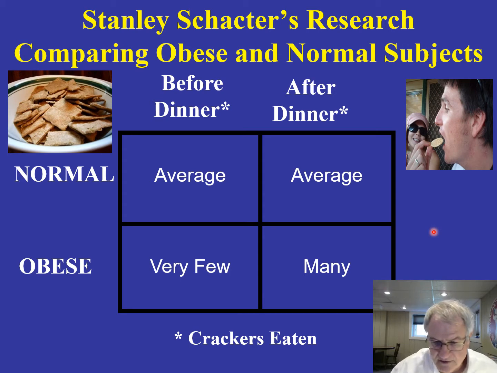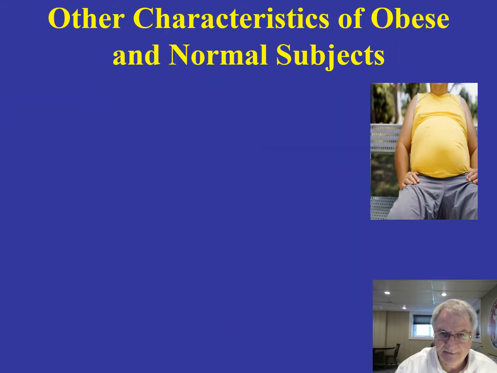And you can see this very dramatic effect here in obese subjects of being told that it was before their normal dinner hour, in contrast to after their normal dinner hour. So indeed, a very interesting experiment.